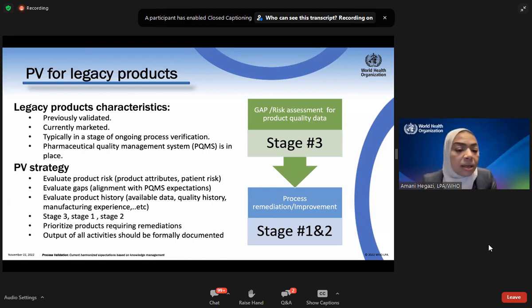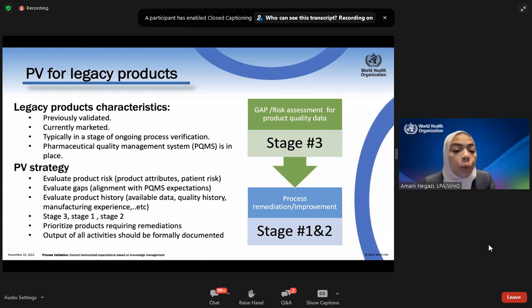So we should then go for a gap assessment over stage 1 and stage 2 to ensure that all product risks have been assessed and identified regarding product attributes and patient risk, and that the gaps are not significant and not bearing risk to the patient, and that it is aligned with the pharmaceutical quality management system expectations.